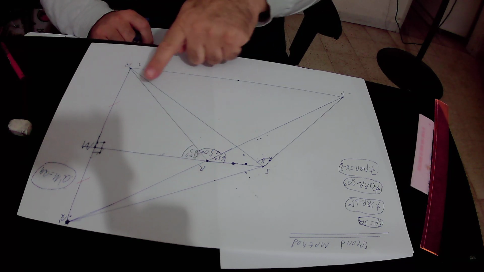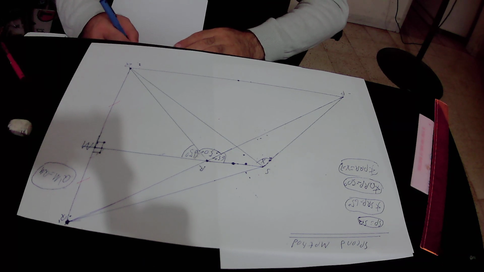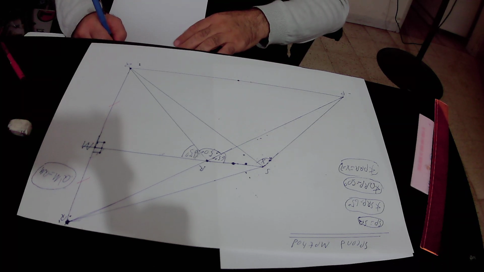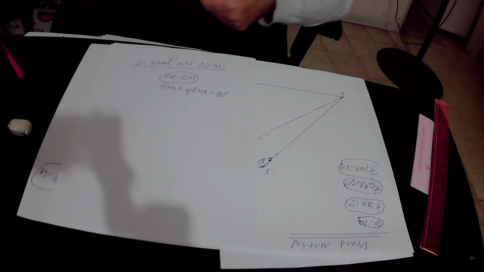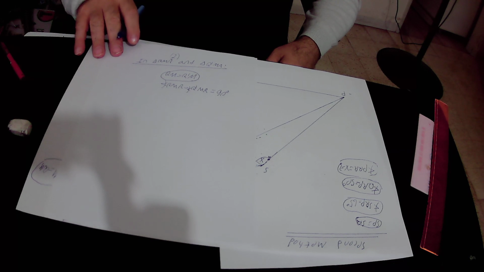So angle QMR in triangle QMR is equal to angle Q'MR in triangle Q'MR, and both angles are equal to 90 degrees.